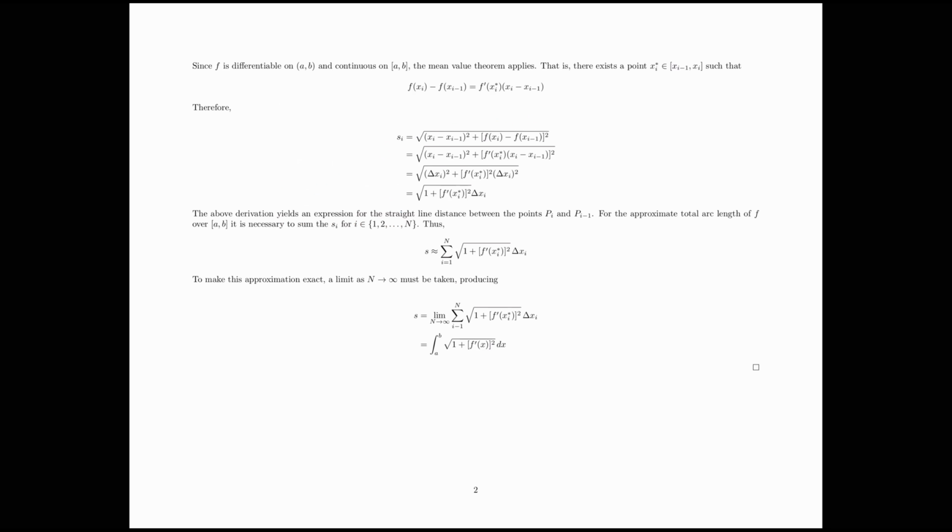Okay. And we can see the derivation right here. We do start with the distance formula, and then there's some algebra that takes place which allows us to factor out this delta x squared, and using a limit and the idea of a Riemann sum, we can have this approach the expression that we have.